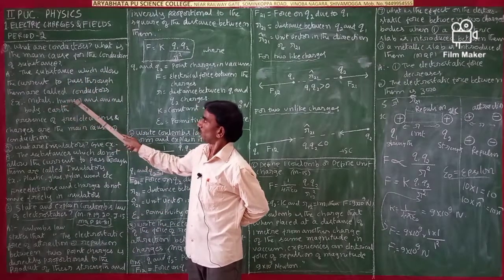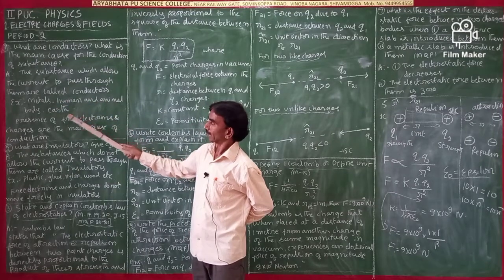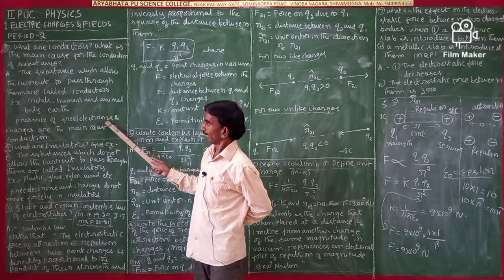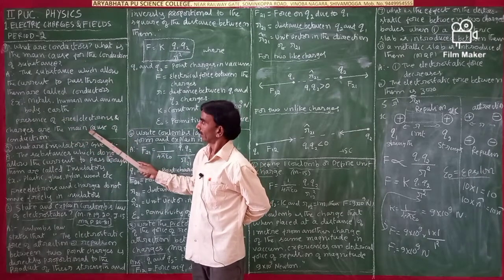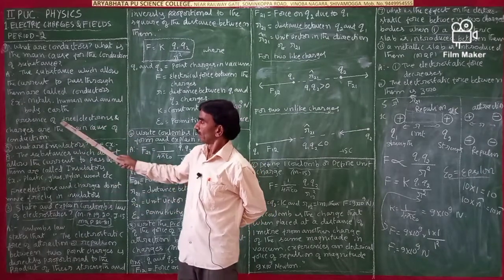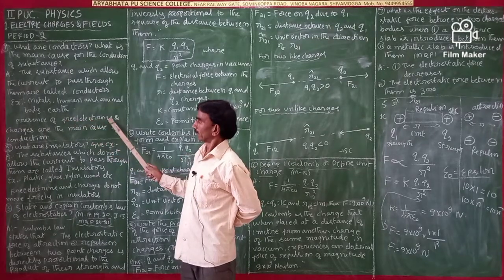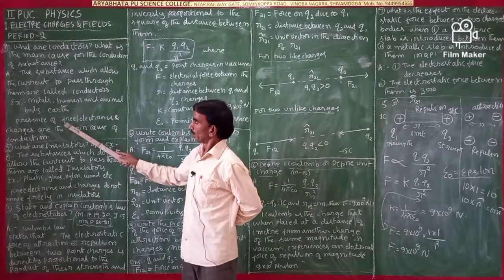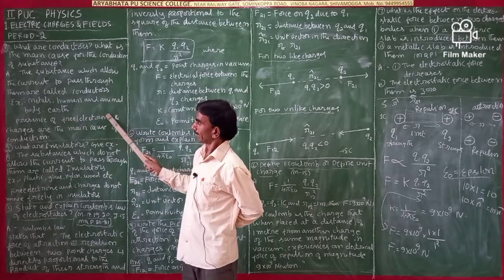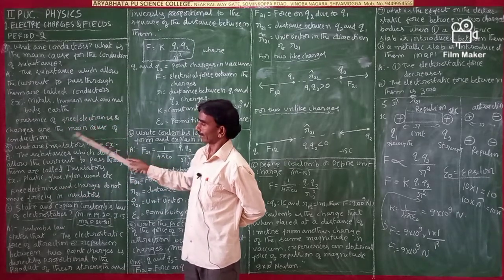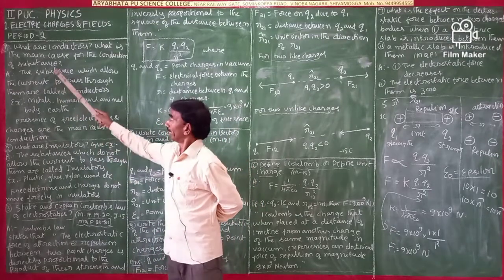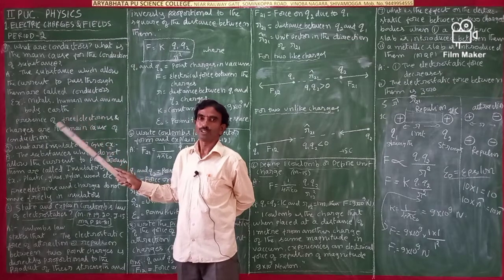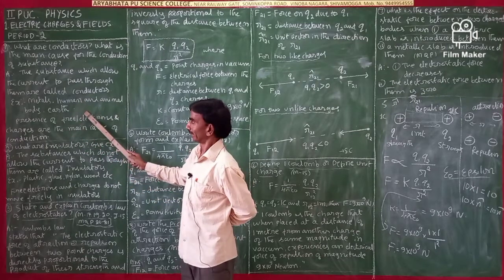Example: metal, human, animal body, etc. Presence of free electrons and charges are the main cause of conduction. You have to write this in a rough book, by seeing 1 time and without seeing another time.